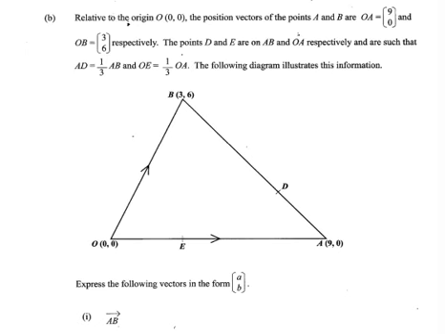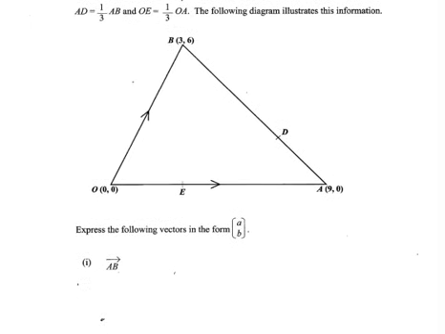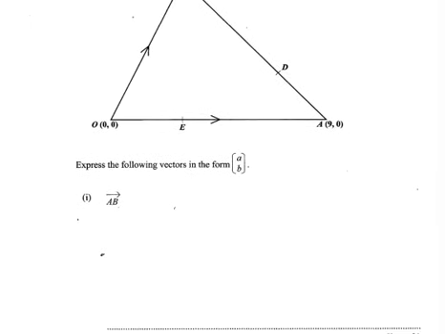From triangle law of vectors, I can say that the vector AB would be equal to the vector AO plus OB. So this is from triangle law of vectors. It starts at A, ends at B, and the next letter is in the middle.